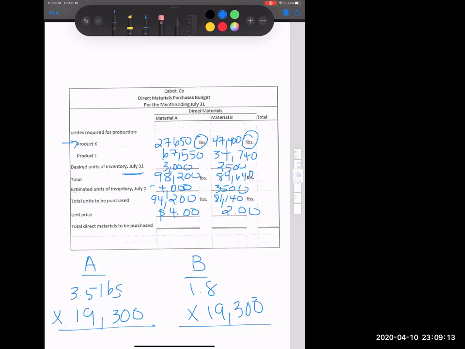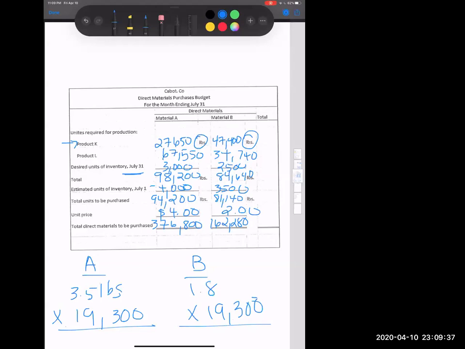So at this point, I can now calculate what is my total direct materials to be purchased for material A and B to fulfill my production budget and to fulfill my sales budget, right? So if I do 94,200 times 4, you should come out with 376,800. And we're going to do the same thing for material B. We're going to take the 81,140 pounds needed times the $2 per pound, and we come out with 162,280.